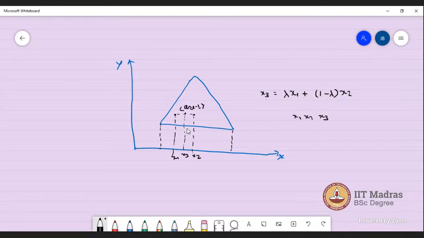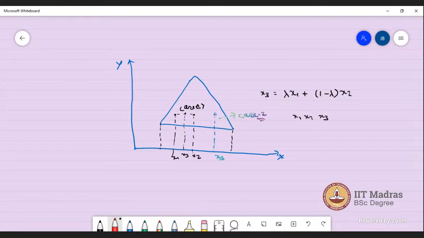And in case 2, I'm taking x3 here. I think I should take some other color. So till now, are you with me? Yes, sir, got it.